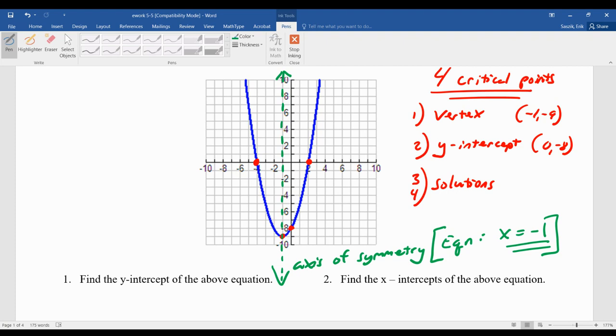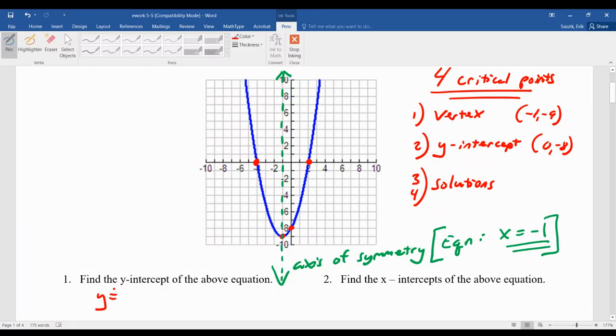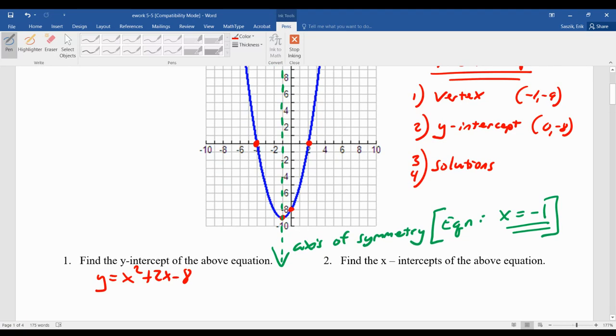You could have fewer. Now here we've already answered, find the y-intercept of the above equation. We already wrote down the y-intercept based on the graph. We just looked at it at the graph, okay? But remember, the equation said, x squared plus 2x minus 8. We know that all y-intercepts have an x-coordinate of 0.